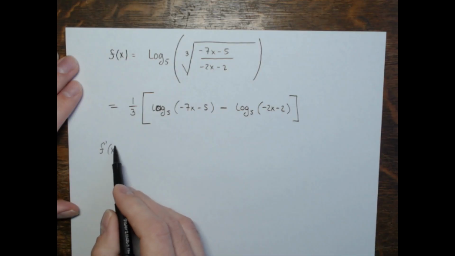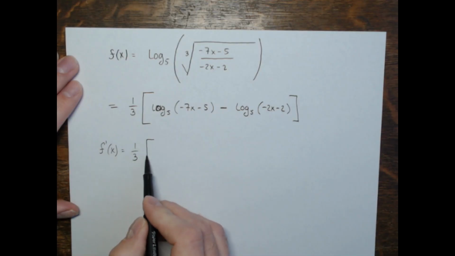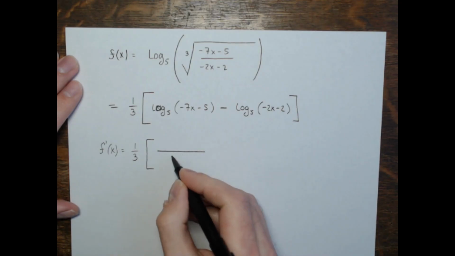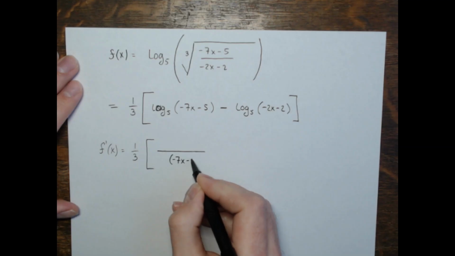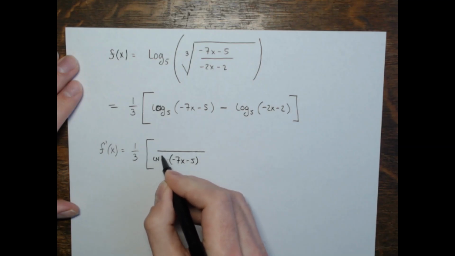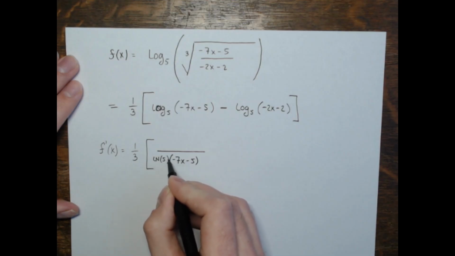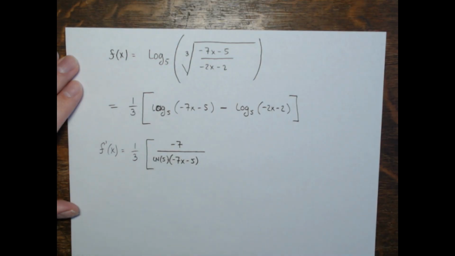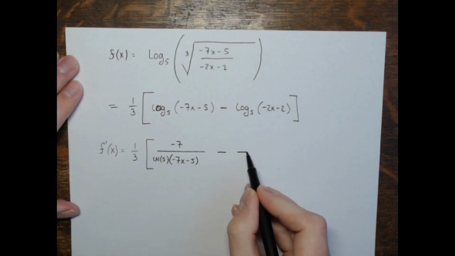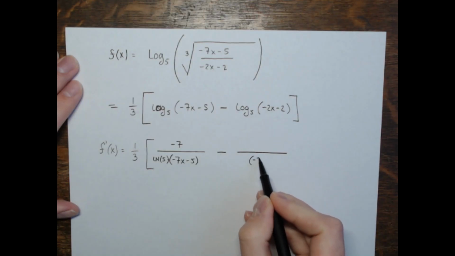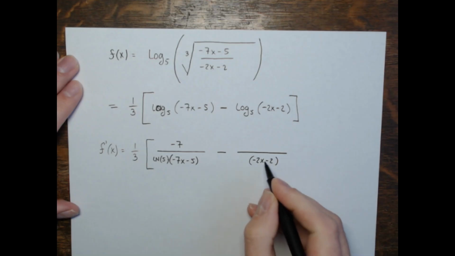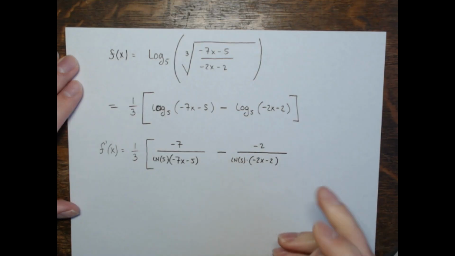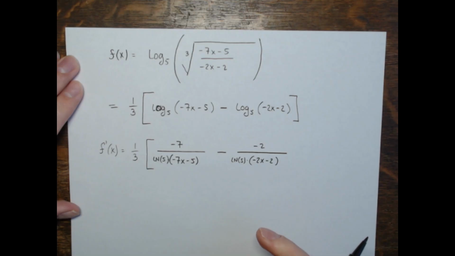F prime is going to be this 1/3 times, and derivatives of logs are 1 over what's inside, with that factor of the natural log of the base in the denominator. So I've got this natural log of 5 down here as well. But then times the derivative of the thing inside, so that'll put negative 7 up top. Then minus, once again, 1 over the expression inside, negative 2x minus 2, but still times this natural log of 5 down here, and then times negative 2 up top.